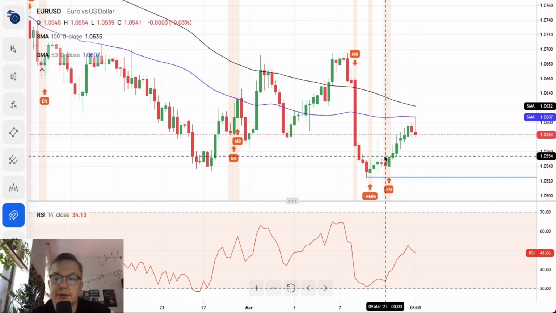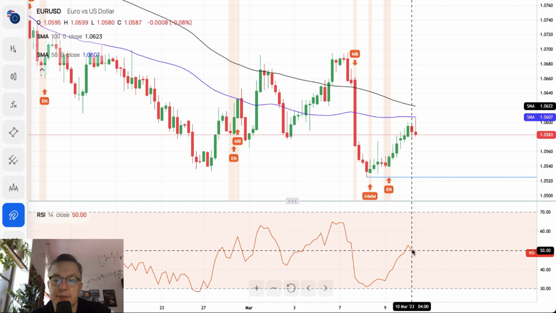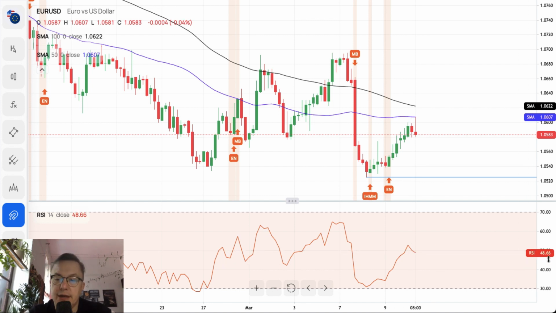So the situation on the US dollar is that the market participants are positioning themselves ahead of the non-farm payrolls data release. The momentum is at the level of 48.66, hovering around the level of 50, which is of course the neutral level.